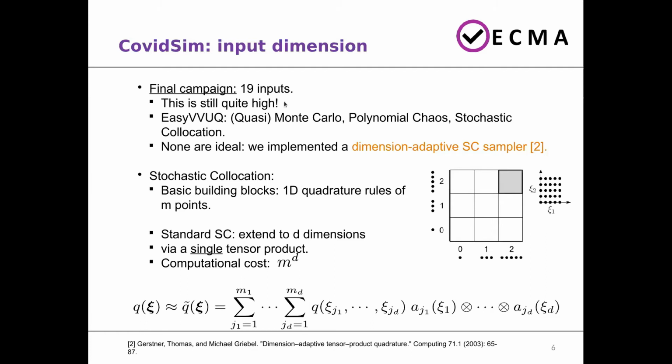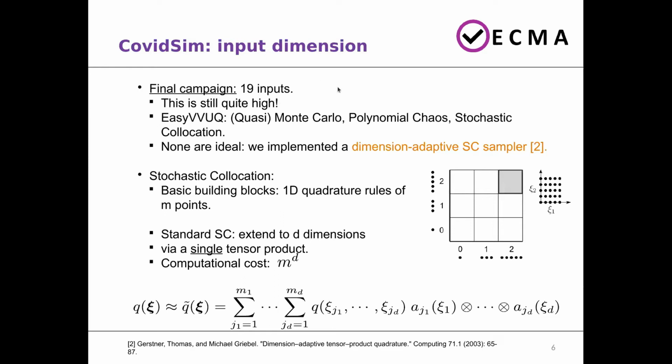So for our final campaign, 19 inputs, which in my opinion is still quite a high-dimensional input space. If you look at EasyVVUQ, we have Monte Carlo, quasi-Monte Carlo, polynomial chaos, and stochastic collocation. These are all methods to propagate uncertainty from the input to the output. And none of these are actually ideal for these types of input spaces.